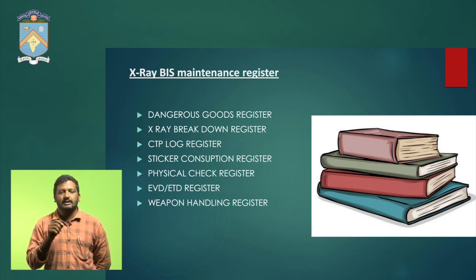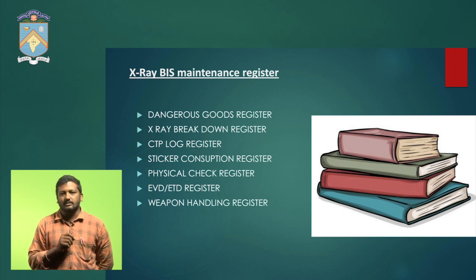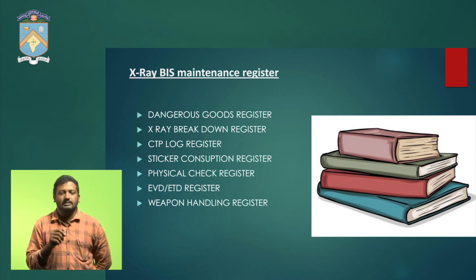And next one, X-ray dangerous goods regulation. While we are doing baggage screening, if any passenger is carrying dangerous goods, what are dangerous goods? Dangerous goods are things like smoke lighters, gas lighters, any other flammable liquids, or anything else related to the safety of the aircraft.